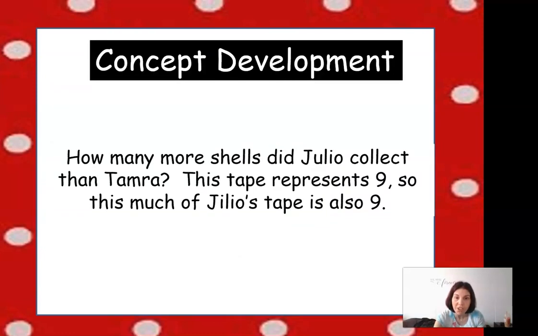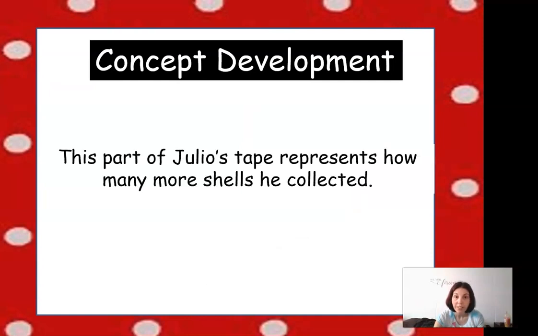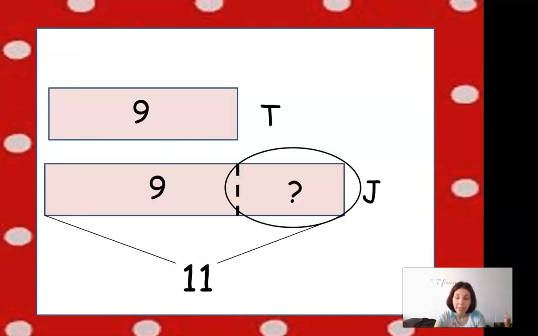How many more seashells did Julio collect than Tamra? So if we have 9 and we want to go up to 11, okay, that's the part that shows how many more.